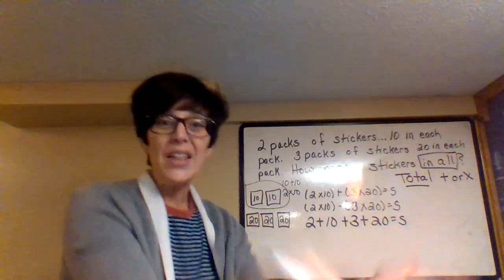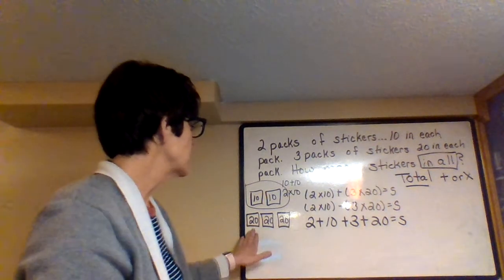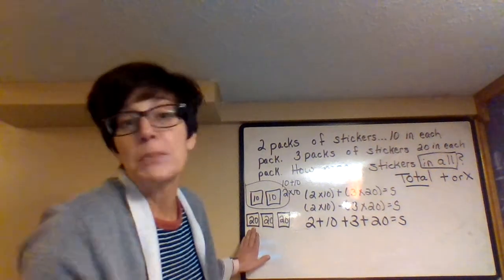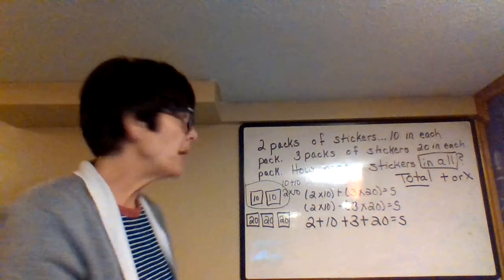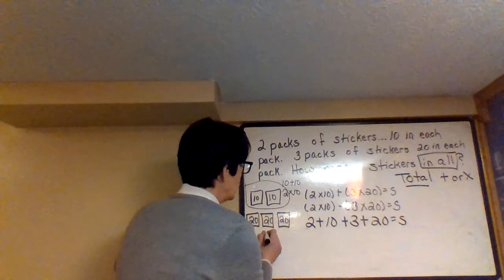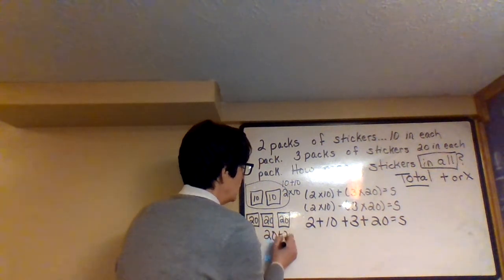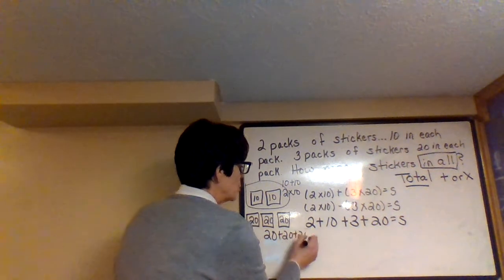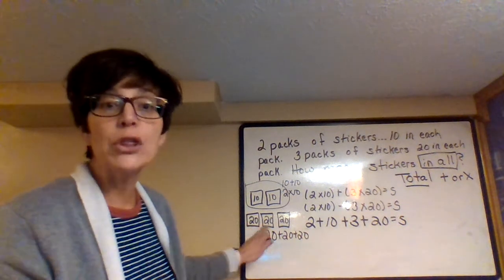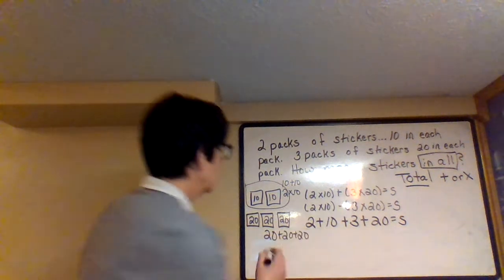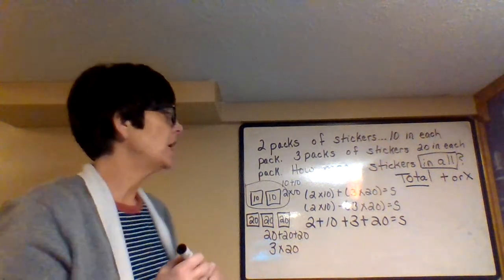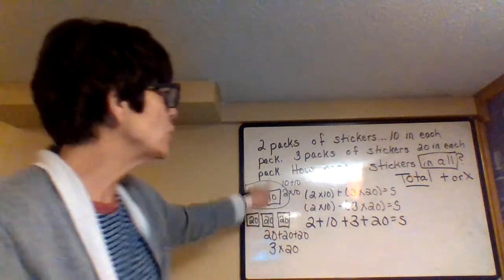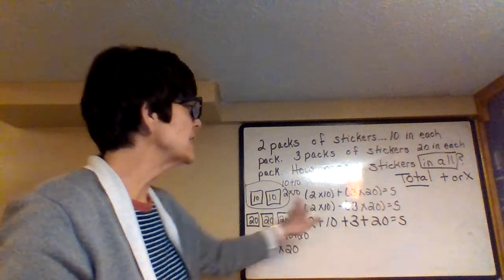Then I have this other package of math stickers. I don't know why you keep wanting to say math stickers, probably because you're doing math. There are 3 of them, and there are 20 in each pack. So I could do 20 plus 20 plus 20, or I also know I have 3 groups of 20, 3 times 20.